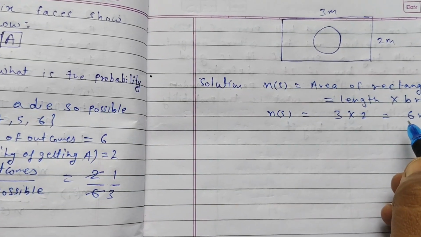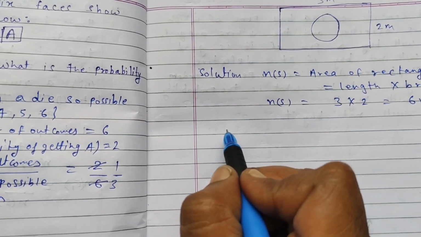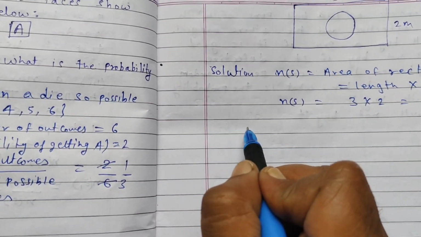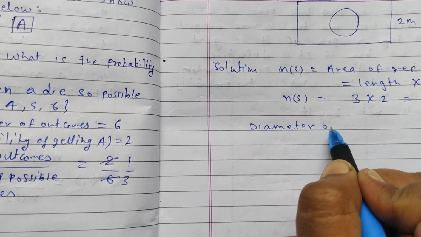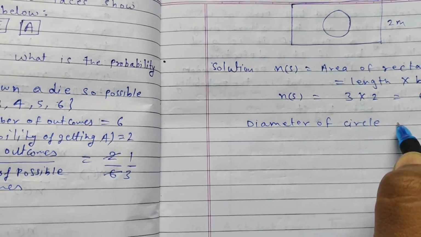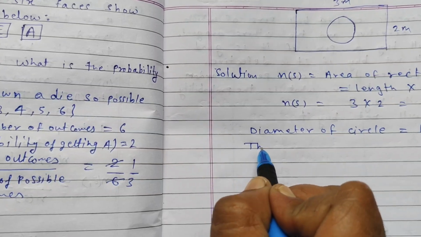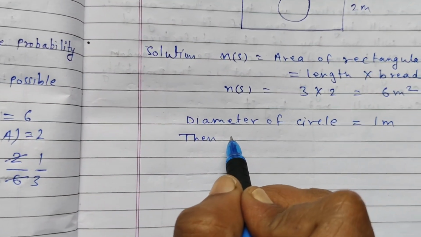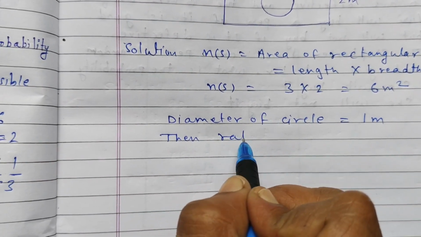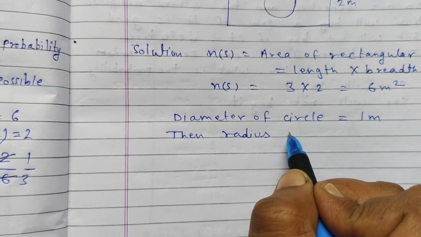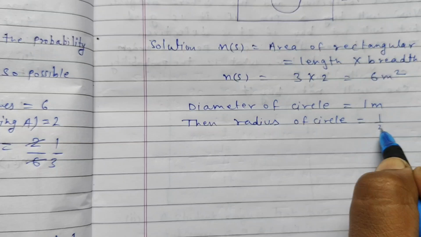So here 6 meter squared. Diameter of circle is equal to 1 meter. Then the radius of circle is 1 by 2 meter.